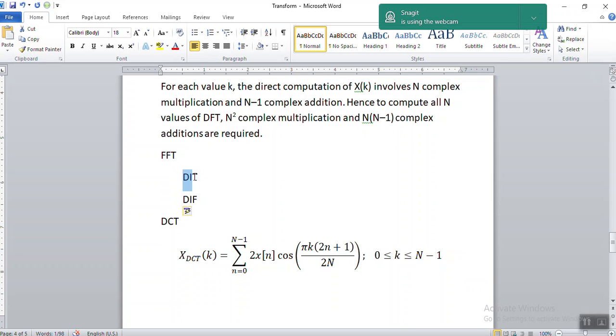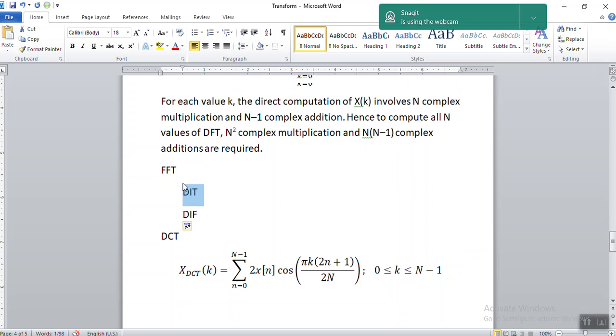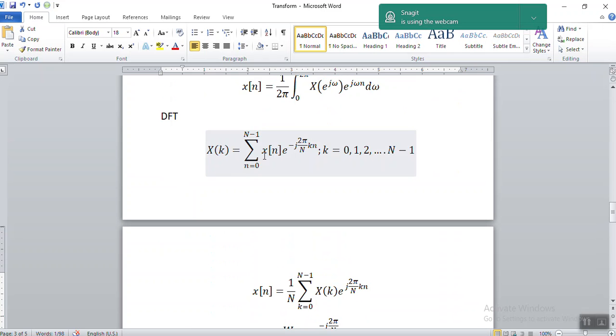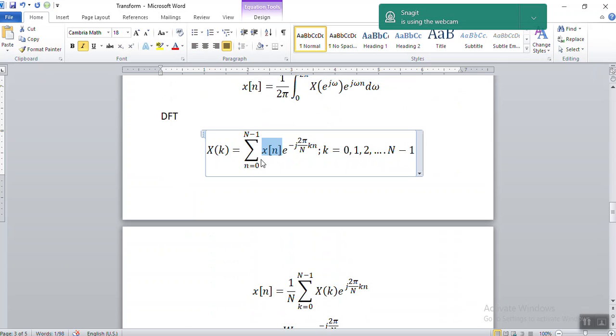And there are two types of algorithm for FFT. One is called DIT. DIT means decimation in time. Decimation means breaking. So, what is decimation in time? In time, it is x of n, so you need to decimate that x of n. How to decimate?